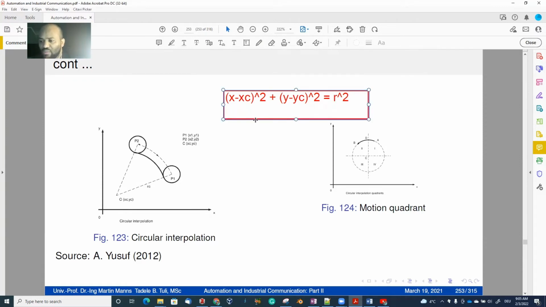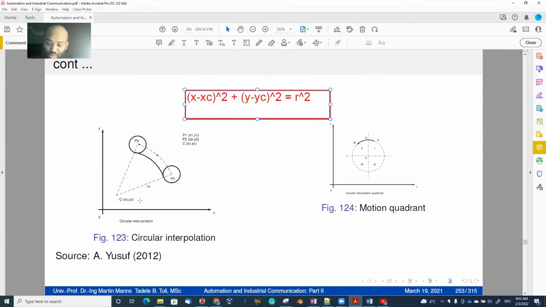With this equation, we have to find discrete points. We discretize the circle into a number of elements, interpolate between the starting and the final point, and then let the machine operate seamlessly.